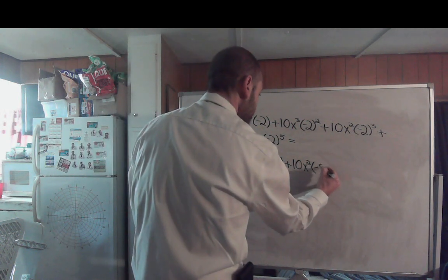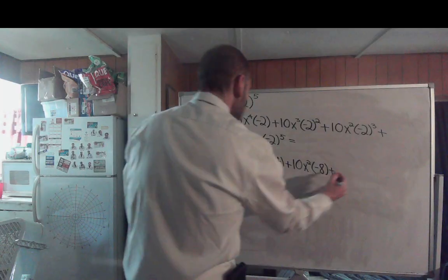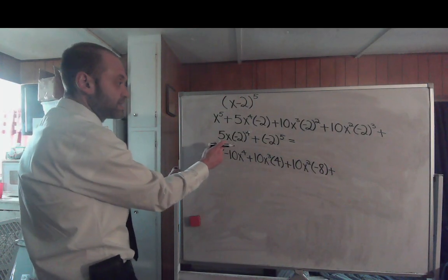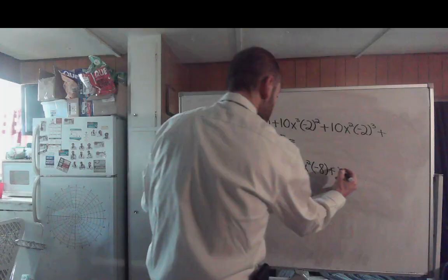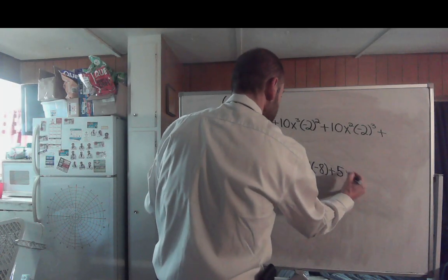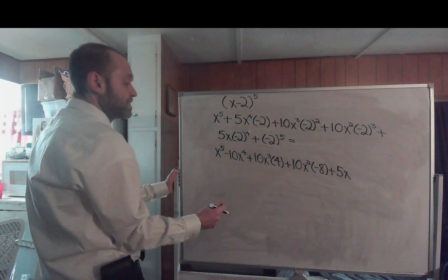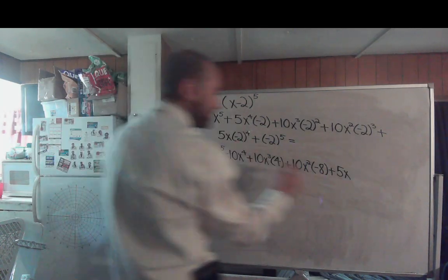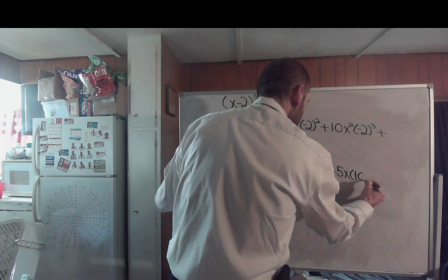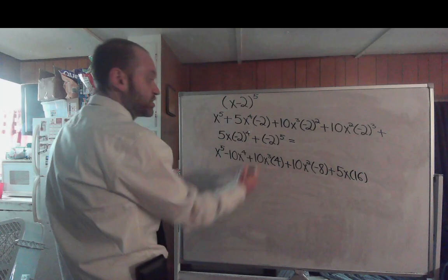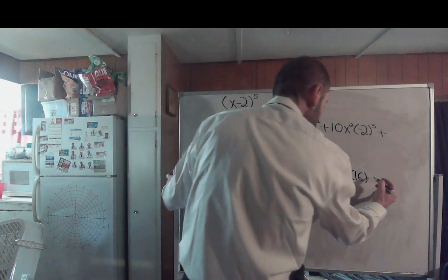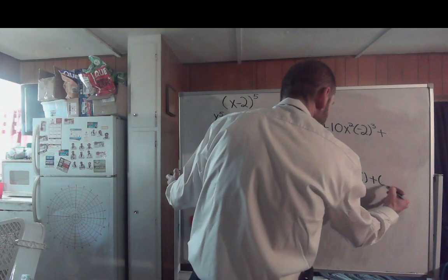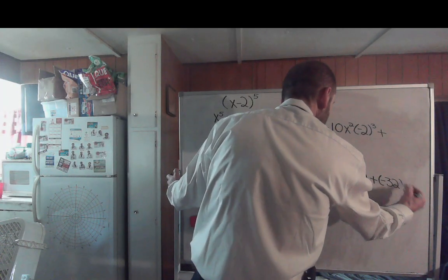Well, that's negative 8, plus 5x times negative 2 to the 4th. Well, that's exactly what it would be. So 5x times negative 2 to the 4th, that gives you times 16, plus your final term of negative 2 to the 5th, that's going to be negative 32.